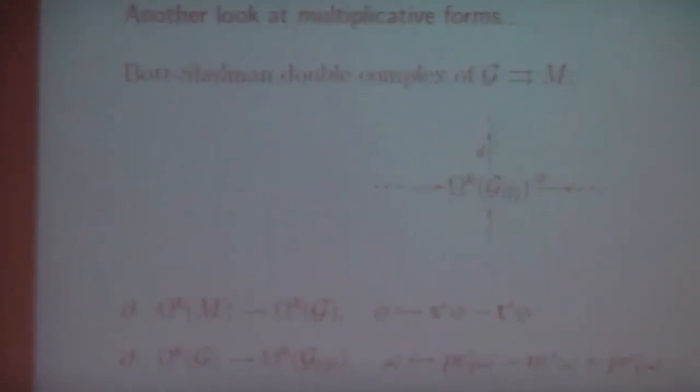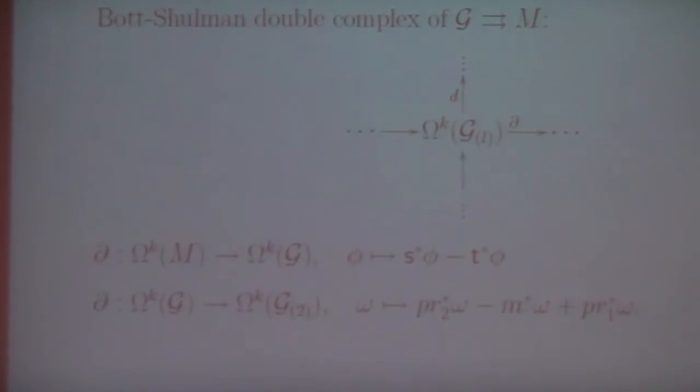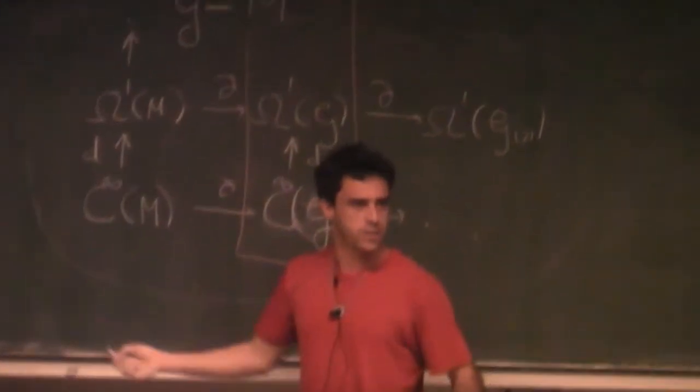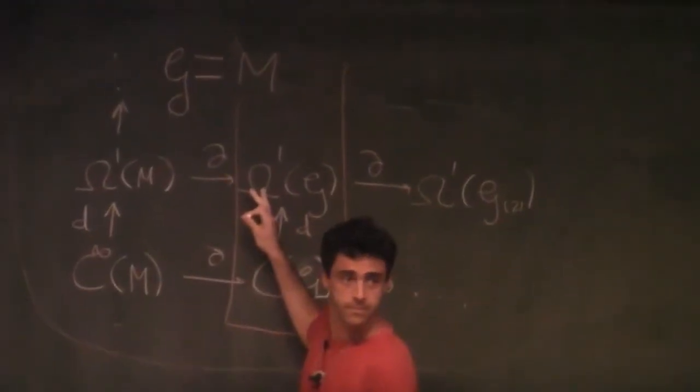The first one tells you exactly what I was telling you before, the simplest way to produce a multiplicative form on the groupoid. It goes from forms on the manifold to forms on the groupoid by taking S star minus T star. That's what this operator does.